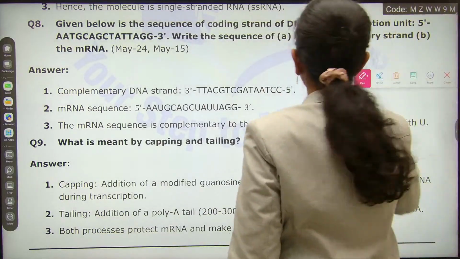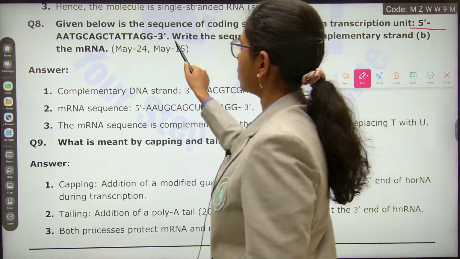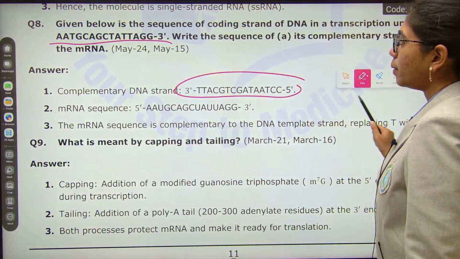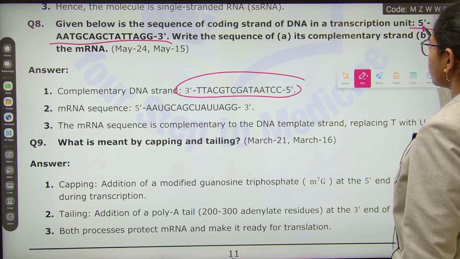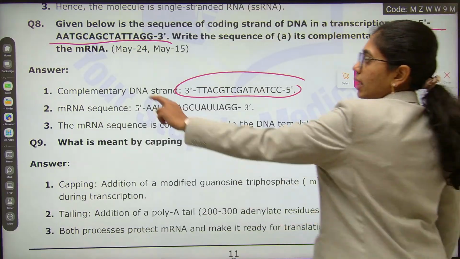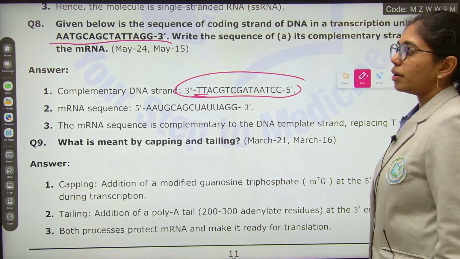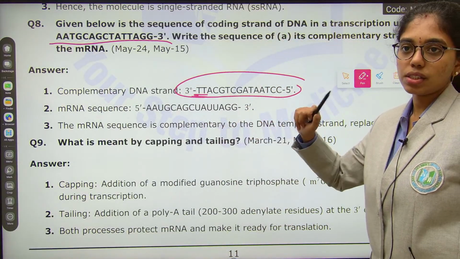The complementary strand for the given strand is this. Where adenine is there, the complementary base will be thymine. The complementary DNA strand is this.